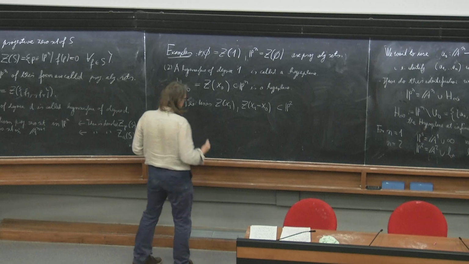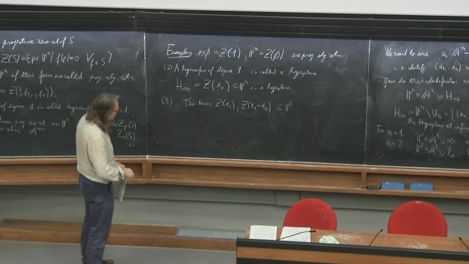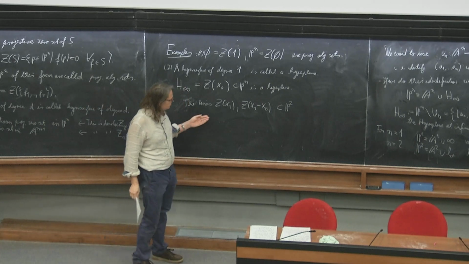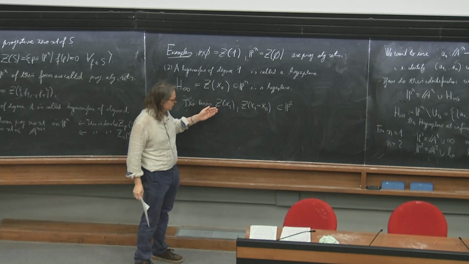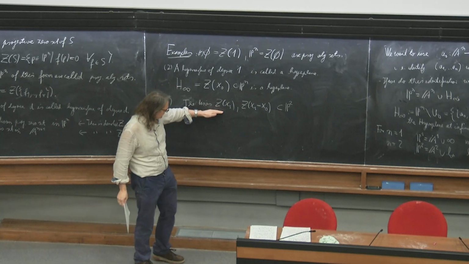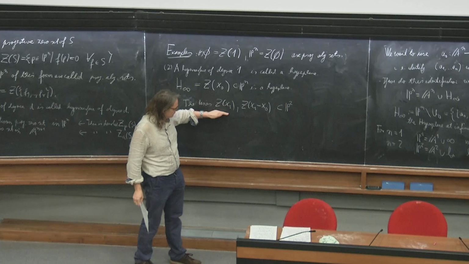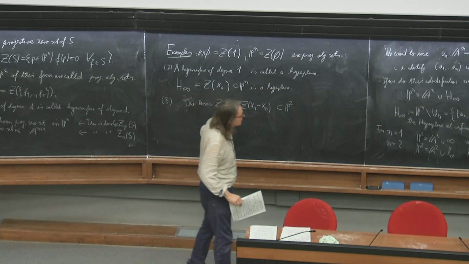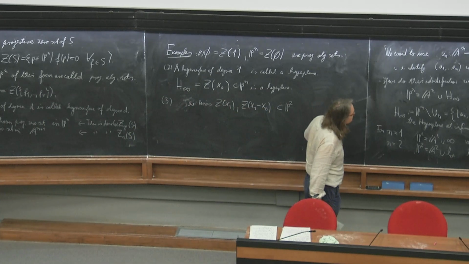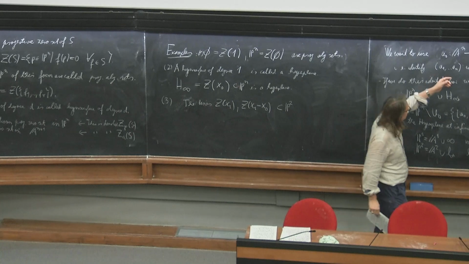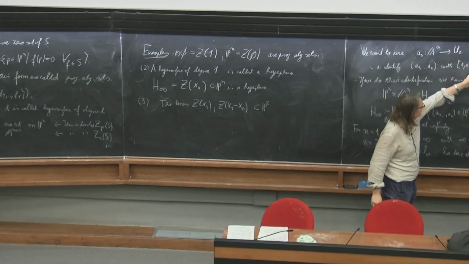These are two lines in P2. I could look at the intersection with A2, where by this I mean I intersect with U0 and then identify the point 1, so and so with this.